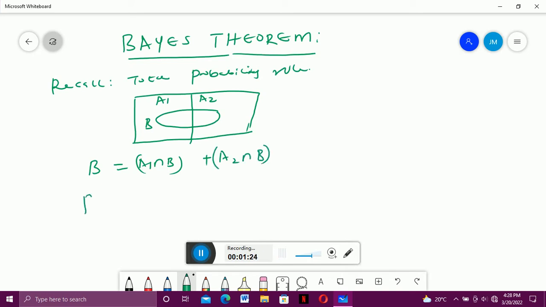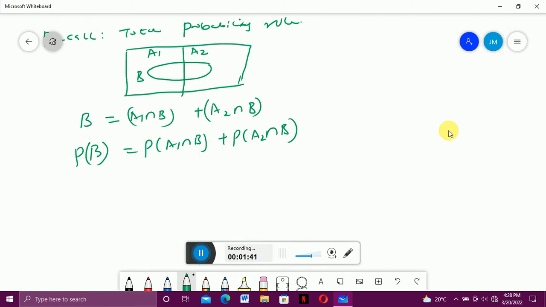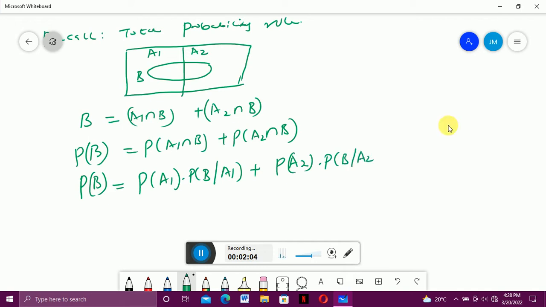We introduce probabilities, and we say the probability of B is the probability of A1 intersection B plus the probability of A2 intersection B. Having done that, we introduce conditional probability, and we say the probability of B is the probability of A1 times the probability of B given A1, plus the probability of A2 times the probability of B given A2.